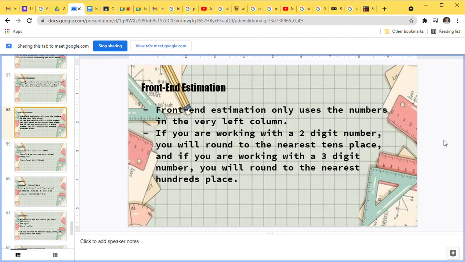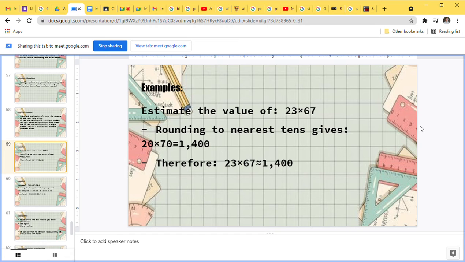Why? Because if we have a two-digit number, the number in the left column is the tens, right? So we will round off to the tens. If we have a three-digit number, the first number to the left will be the hundred place, so we will round off to the nearest hundred place, right? So these are some examples.